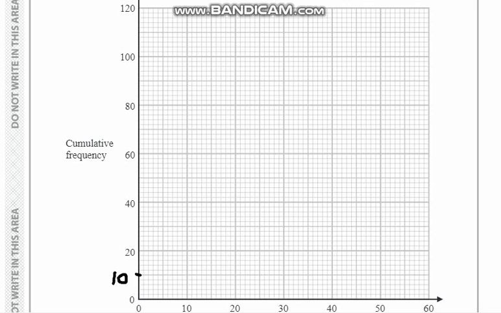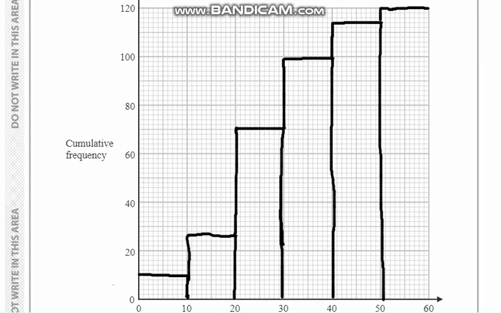Yep, I'm right. That is 10, and then we'll go across all the way 0 to 10. That's our first bar, like this, and I'll now complete the whole of that. And I have completed the graph. It's a bit rough, but you'll get the idea of how to draw it.